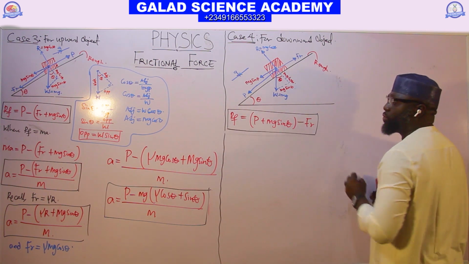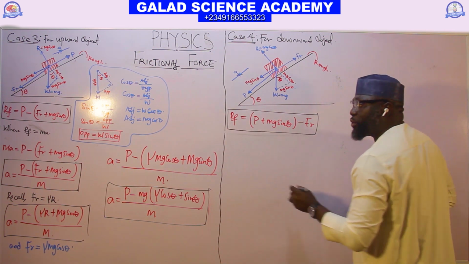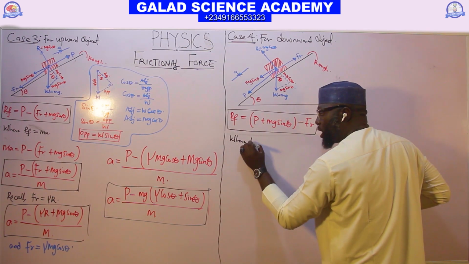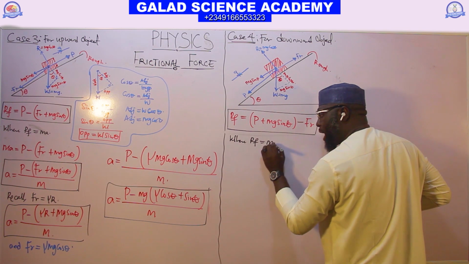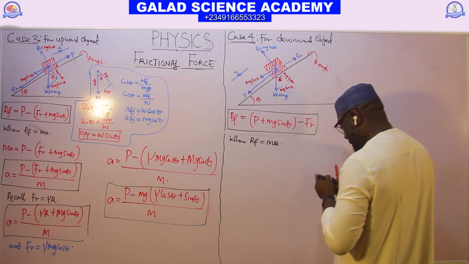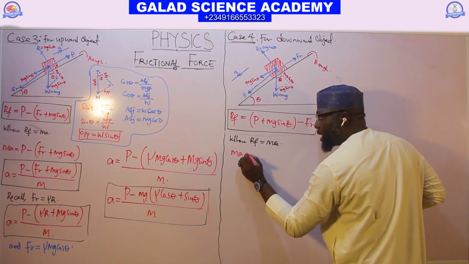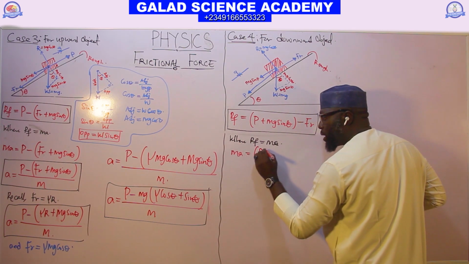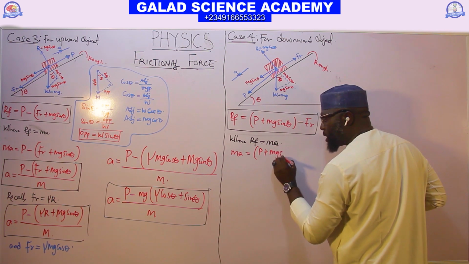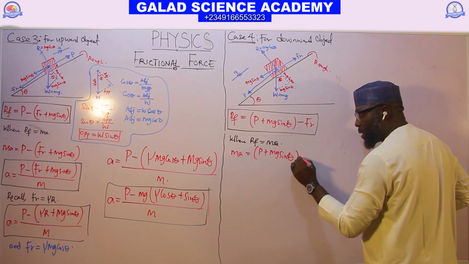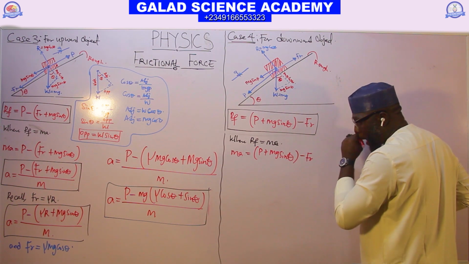The resultant force. But if we are asked to find acceleration, resultant force will be ma. So you will now have ma equal to P plus mg sin theta minus Fr.